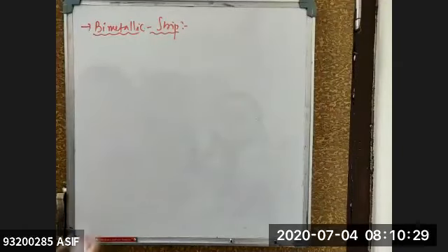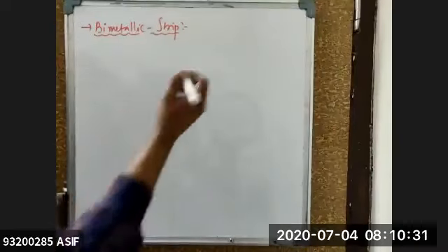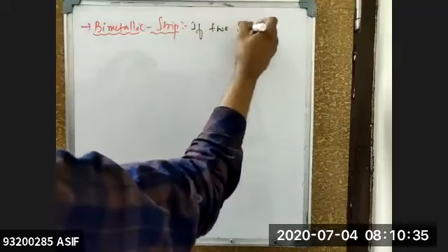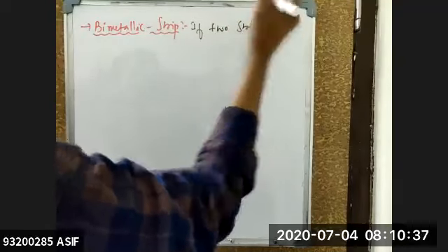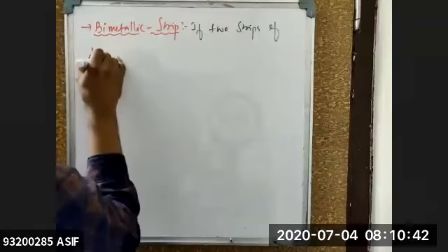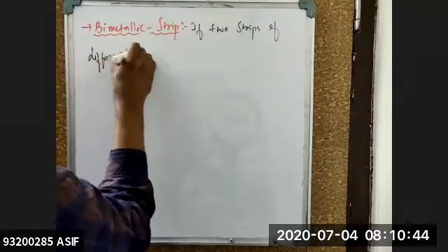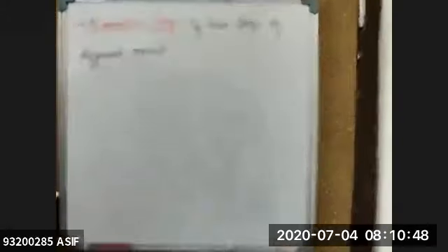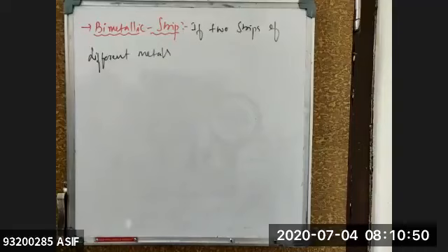So if I'm writing the definition right now, see here: if two strips of different metals, two small strips, like when you go for a blood test, you might be seeing those glass plates, isn't it? Strips are like those glass plates.